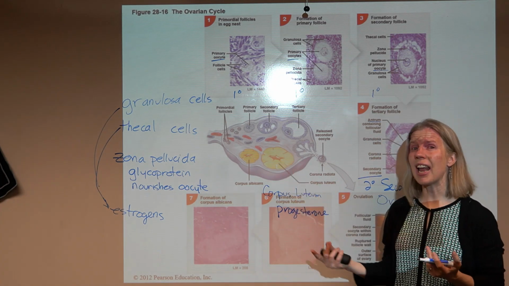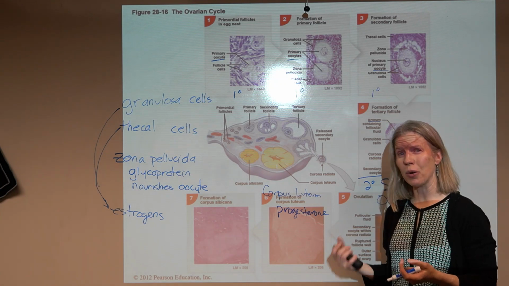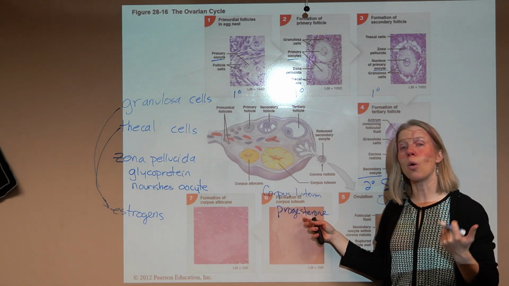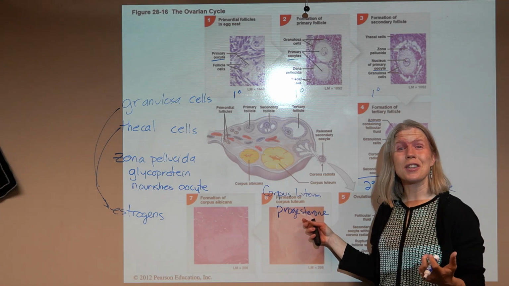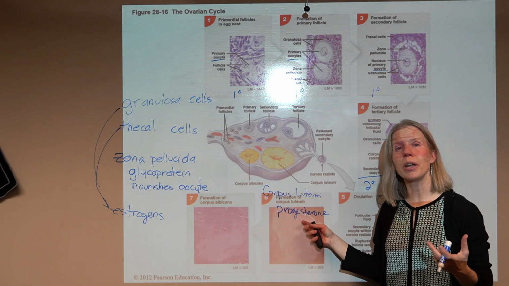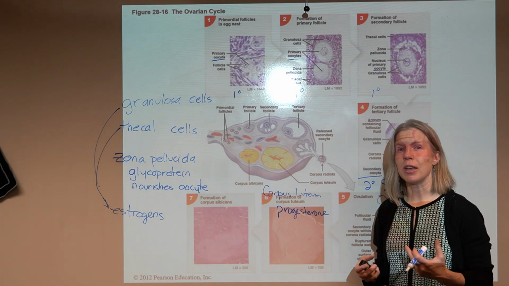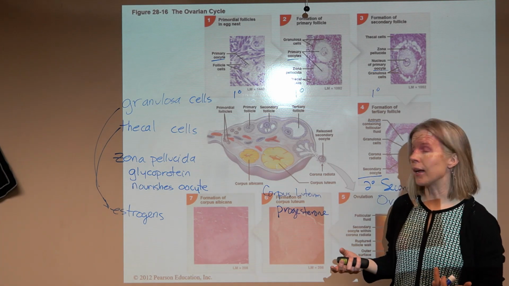Okay, so for the second half of your ovarian cycle, once ovulation has occurred, progesterone becomes the dominant hormone. Progesterone is the hormone of pregnancy. It's what's going to maintain the uterine lining and prepare it for the implantation of a fertilized egg, if that happens.